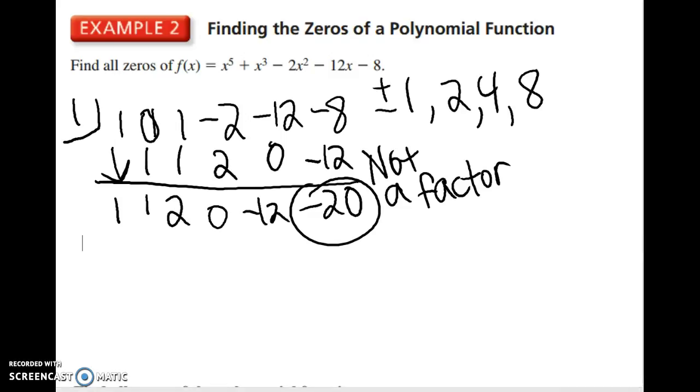Since 1 is not a factor, let's try negative 1 with synthetic division.